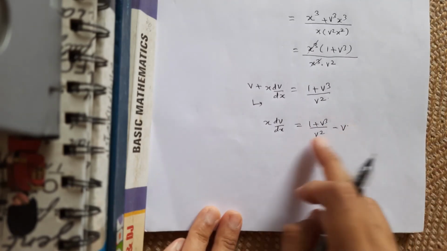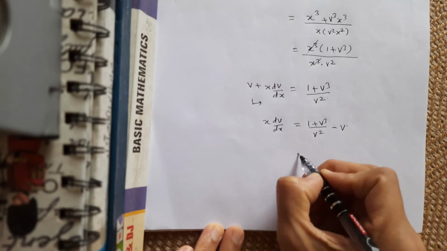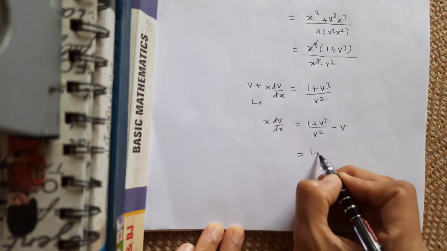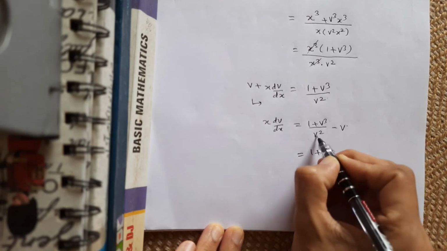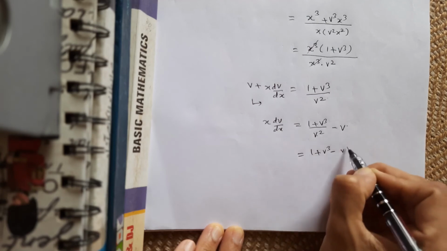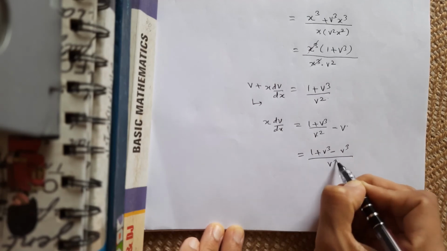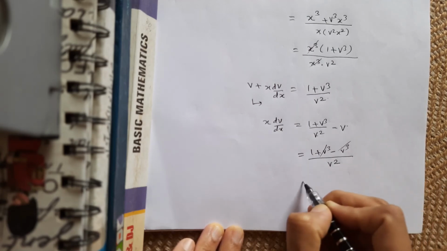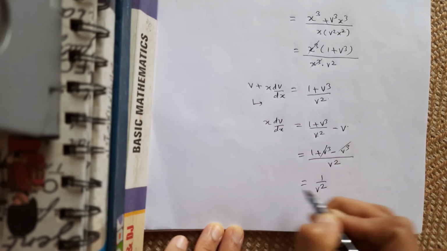Now just subtract the fractions. Cross multiplying, I get (1 + v³ − v³)/v², so the v³ cancels and I get 1/v².